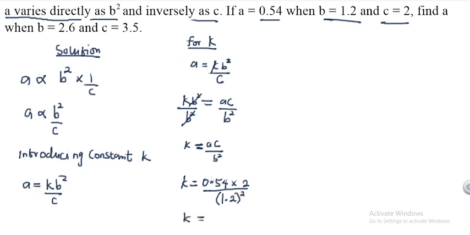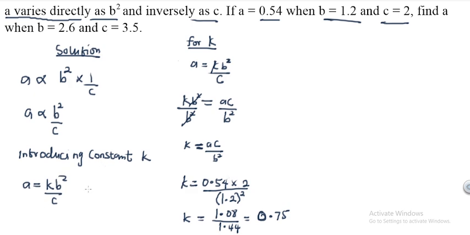For the numerator, 0.54 times 2 is equal to 1.08, divided by, for the denominator, 1.2 squared, which is 1.44. Now 1.08 divided by 1.44 is equal to 0.75.